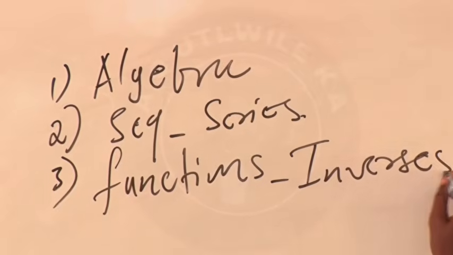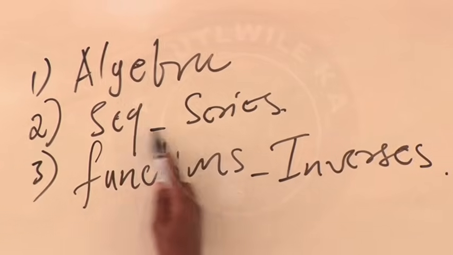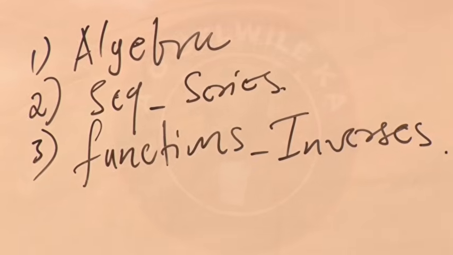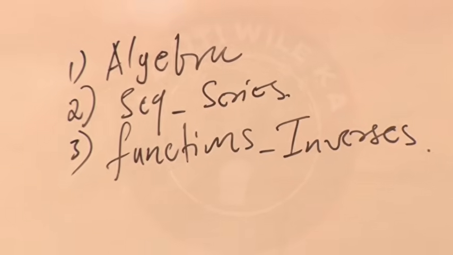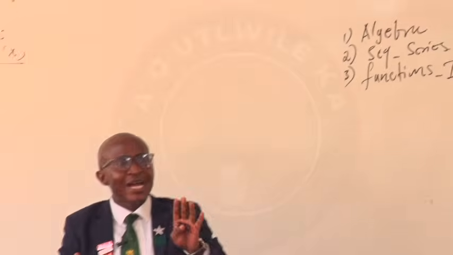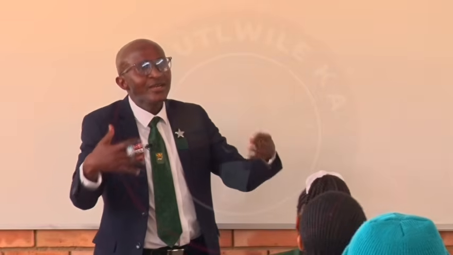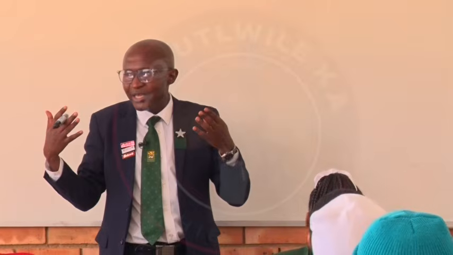And remember what we said last time. From grade 10 and 11, all graphs were functions. But in grade 12, we have realized that not all graphs are functions. We have what we call the inverse function. And what is an inverse?